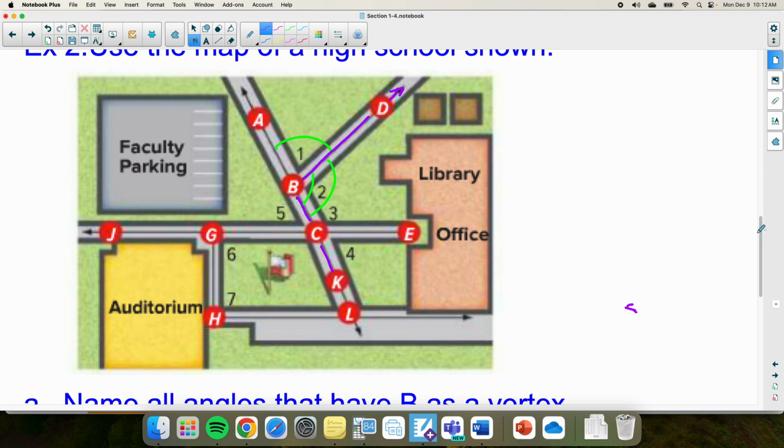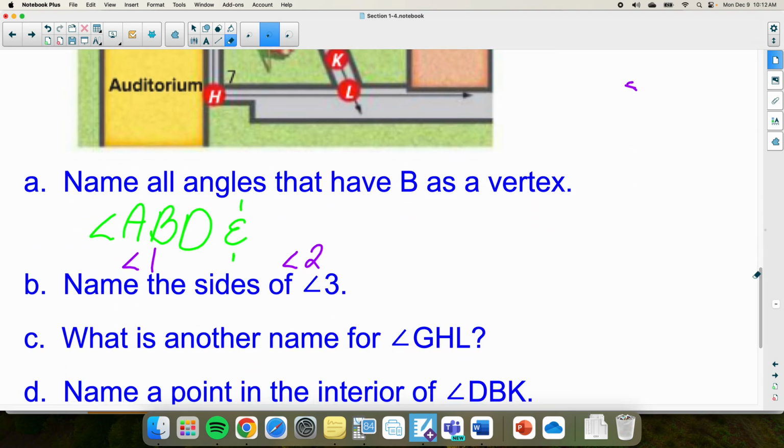B would have to be in the middle there though. But again, you only need one of these 2 ways. So you don't have to name each angle every way that you can.